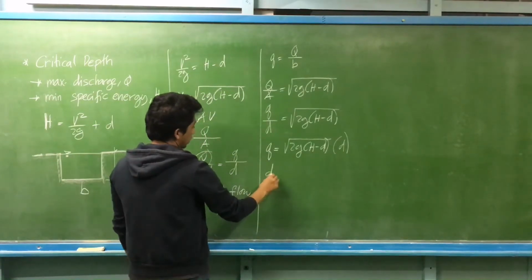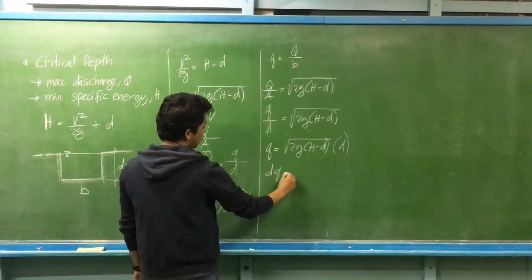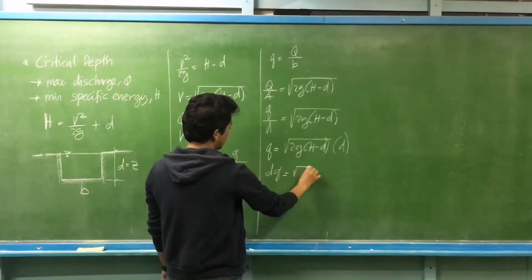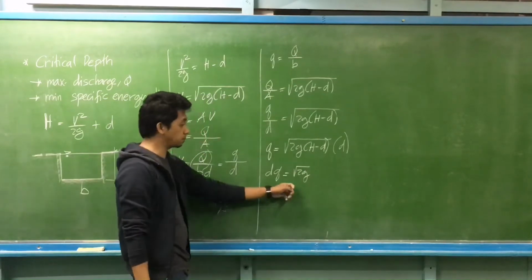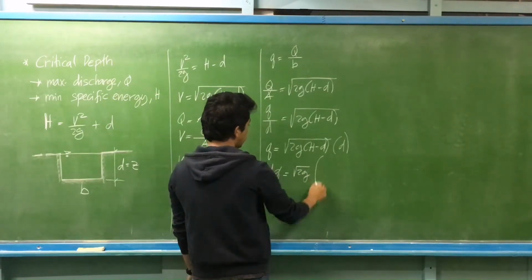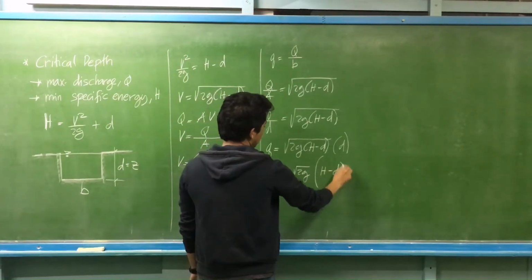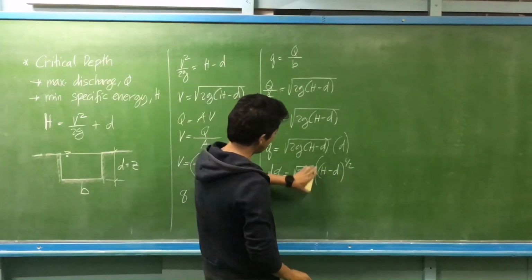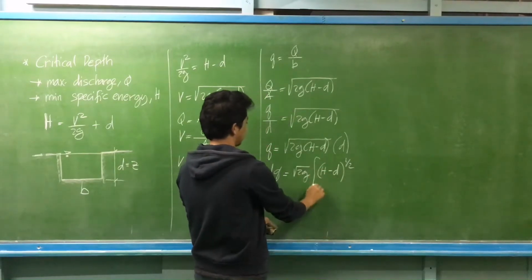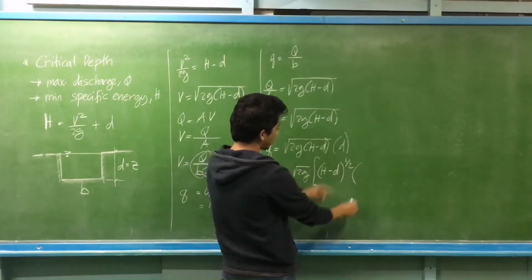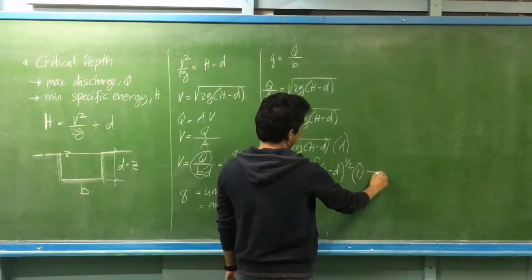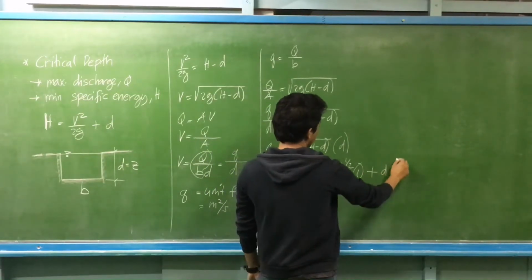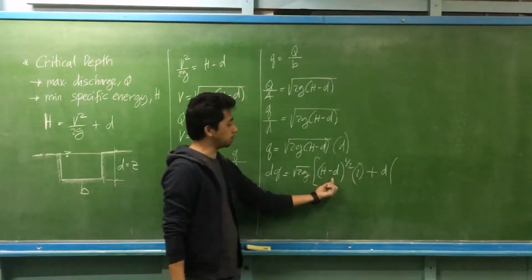So let us differentiate both sides of the equation in terms of the depth. So we have differential q equal to, okay, we may bring out the constant, that is the square root of 2g. Our first term is H minus d raised to 1/2, the square root sign. The derivative of the second term is 1 times the second term, that is d, plus the derivative of the first term.